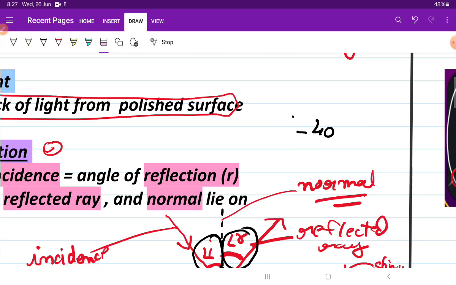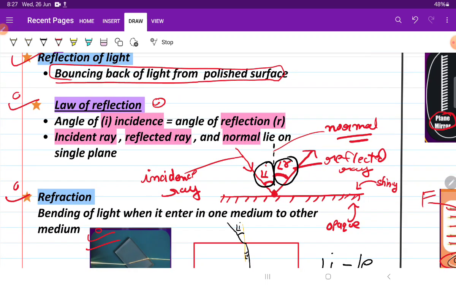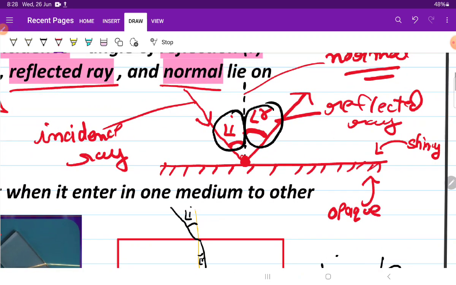So the angle between them will always be the same. The second law says the incident ray, reflected ray and normal lie on the same plane, at the same point. You can see the diagram also.